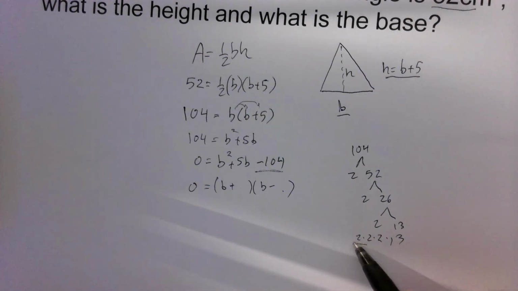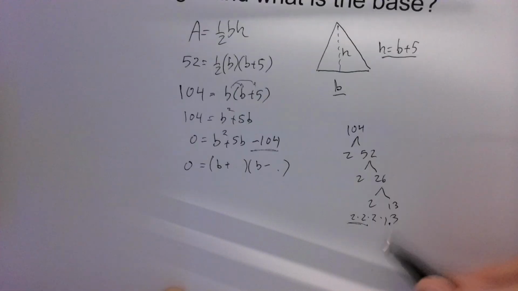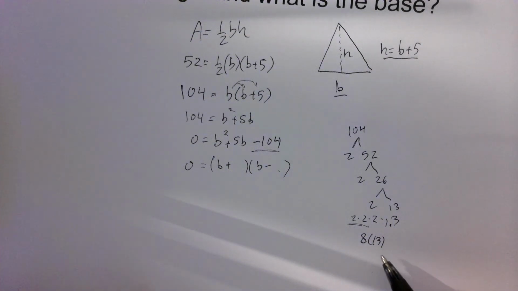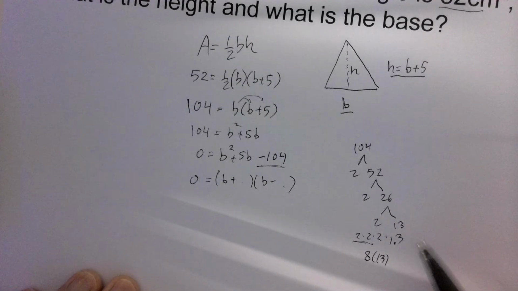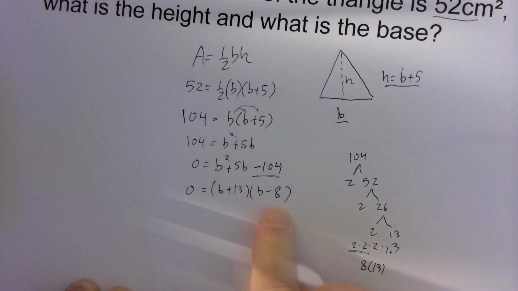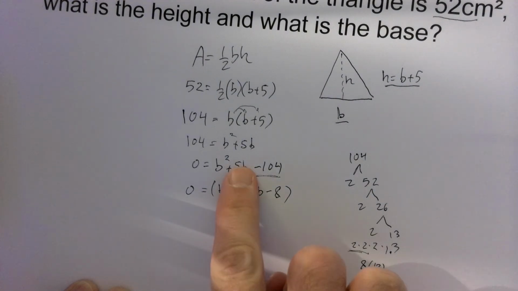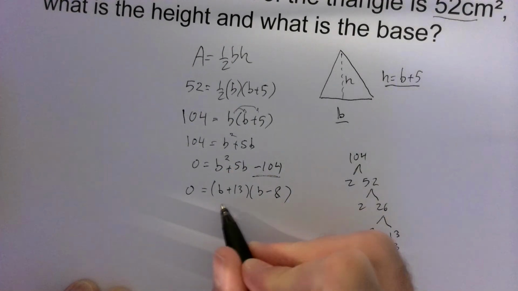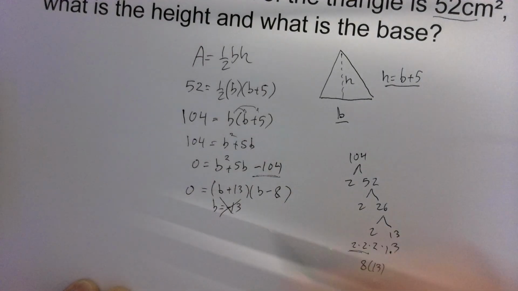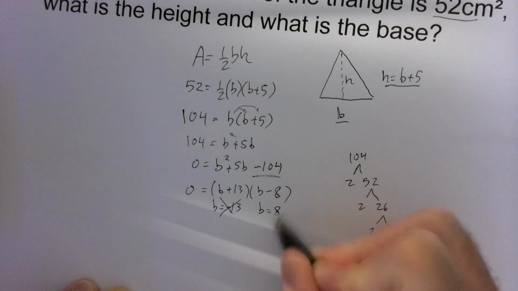It looks like I could do 8 times 13. So 8 times 13 gives me 104, but I want one of them to be negative, one to be positive. Should be plus 13 and minus 8, because when you add them together, you're supposed to get a positive 5. So this tells me my base could either be negative 13, that's no good because distance can't be negative, or it could be 8.